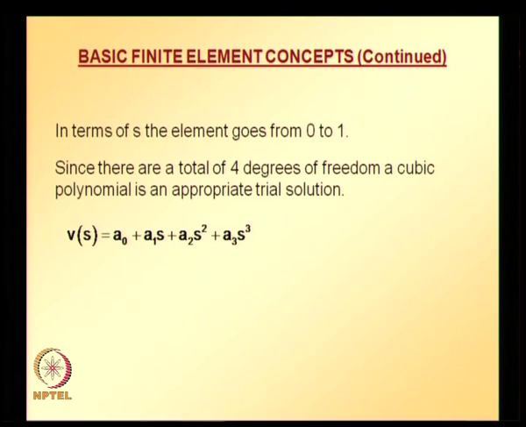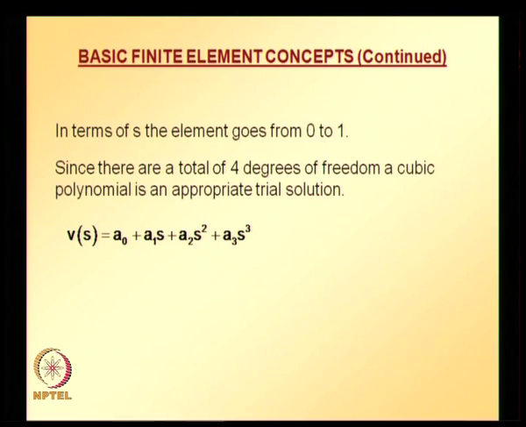As we did for the bar element, we start out with this kind of polynomial: v is equal to a0 plus a1 s plus a2 s square plus a3 s cube. So now our job is to find a0, a1, a2 and a3, and back substitute these into this equation and group the terms containing the coefficients v1, theta 1, v2, theta 2, and whatever is left in the brackets turns out to be the shape functions or interpolating functions for this beam element.